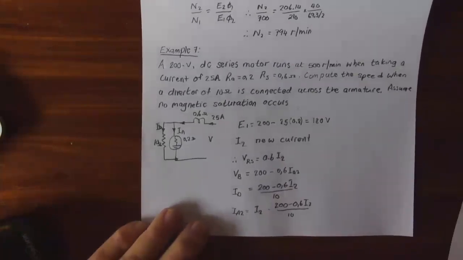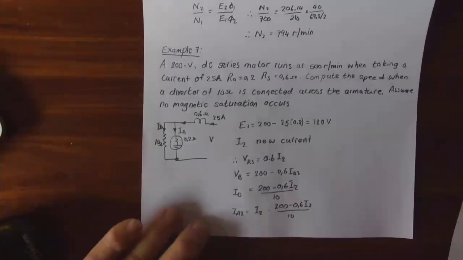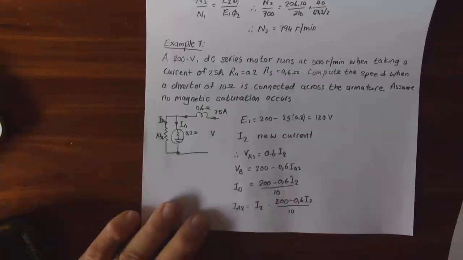So we have E1 is 200 minus 25 times 0.8, which gives us 180 volt. I2 is the new current, so VRS across the shunt field is 0.6 I2, and VB is 200 minus 0.6 times I2.